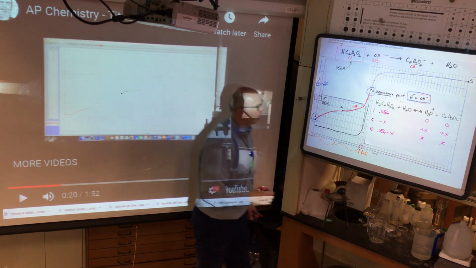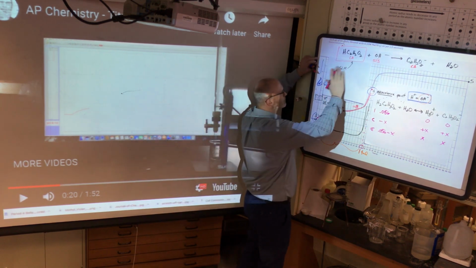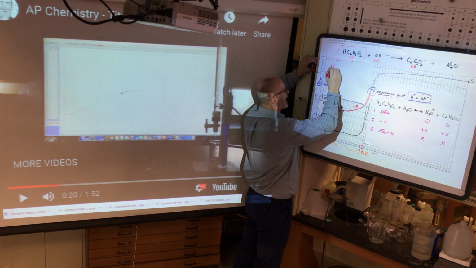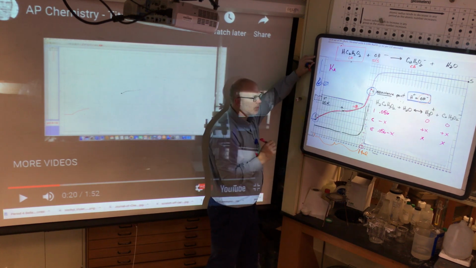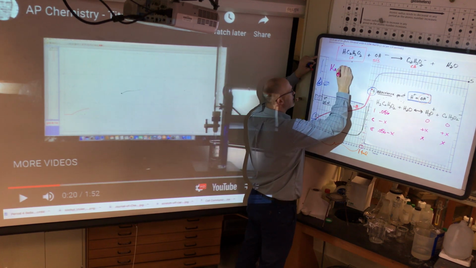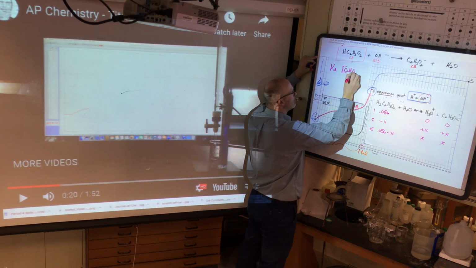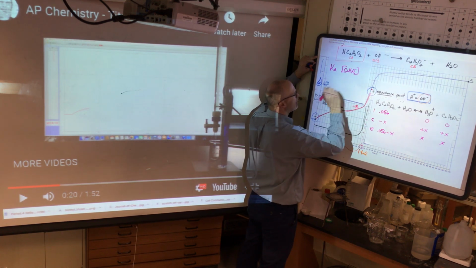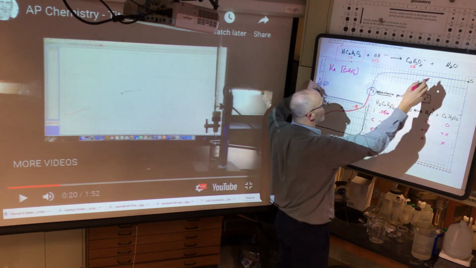So when I do the formula, the Ka, in equilibrium, what's Ka? The Ka is equal to products over reactants. This is C2H3O2 negative. Now this is water, liquid.